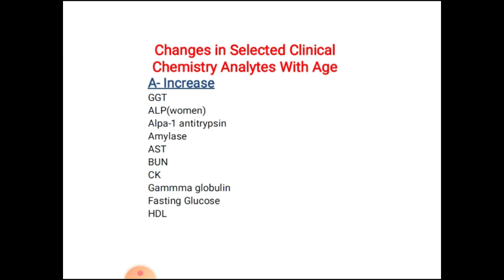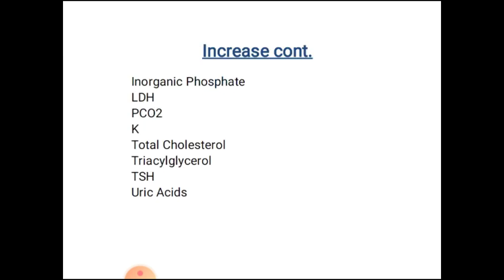Changes in selected clinical chemistry analytes with age. Some analytes or tests increase with aging, such as gamma glutamyl transferase, ALP, alkaline phosphatase, alpha 1 antitrypsin, amylase, AST, blood urea nitrogen, PSA, CK, creatine kinase, gamma globulin, fasting glucose, and HDL cholesterol.